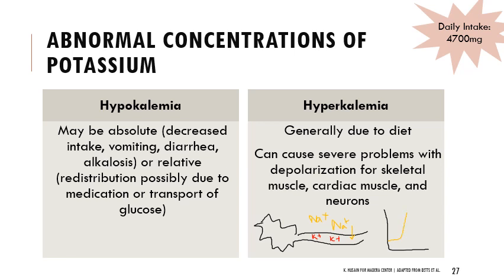And then the movement of potassium out of the cell is more associated with repolarization and then hyperpolarization. And so if you have too much potassium, then you are not able to go through this part, the depolarization, as well. So if you have hyperkalemia, that causes severe problems with depolarization. Remember that depolarization is very important for skeletal muscle, cardiac muscle, and neurons. So hyperkalemia is very detrimental to those systems.